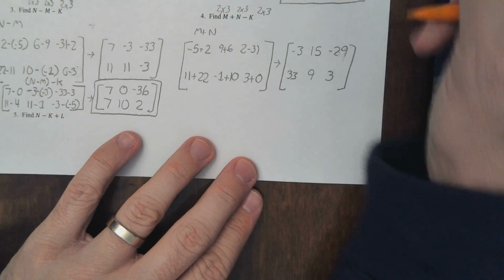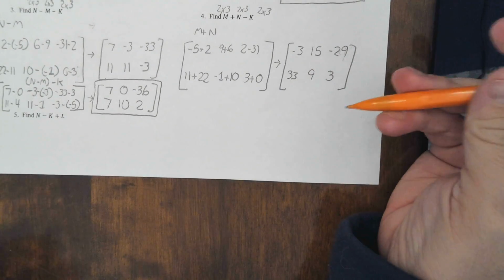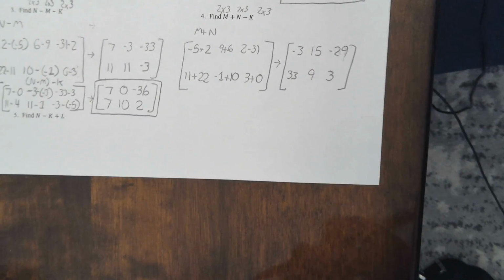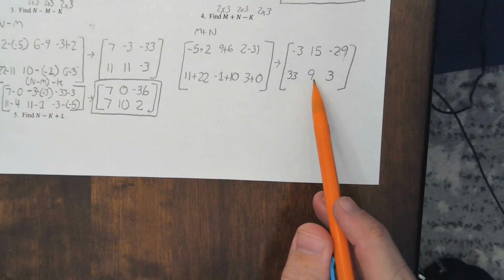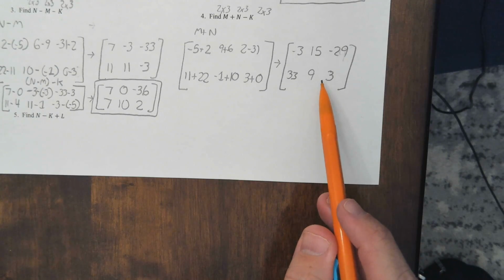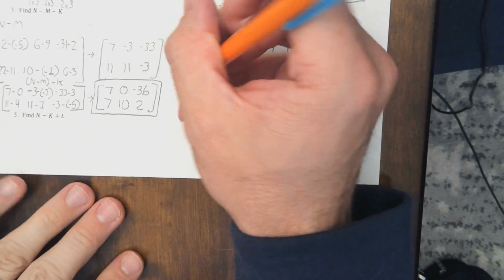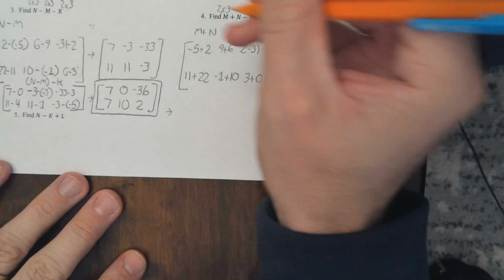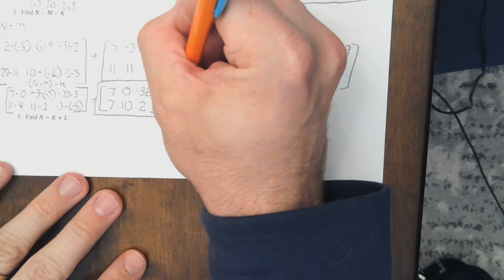So this is your new m plus n right there. Now we're going to take this and subtract it from k.